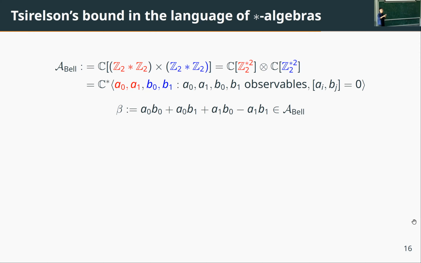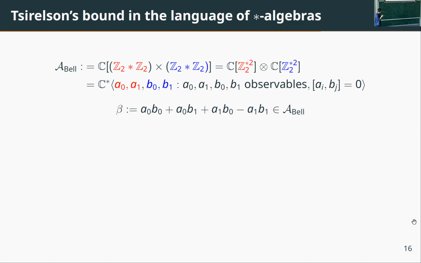But now here there are no Hilbert spaces. So this is just abstract observables. They satisfy the identity X star equals X, X squared equals identity in this algebra. And you also have the constraint that they commute.